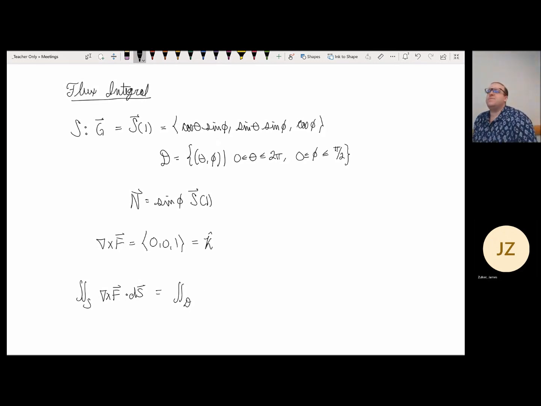Curl of F evaluated along the parameterization is still just k hat.